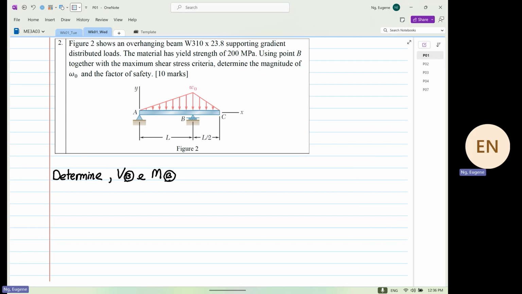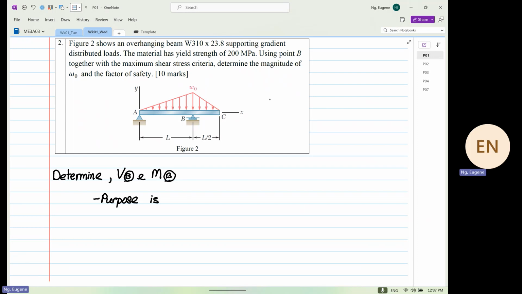And next, I'm going to write the purpose, which is so that we can determine, following the transformation over here.